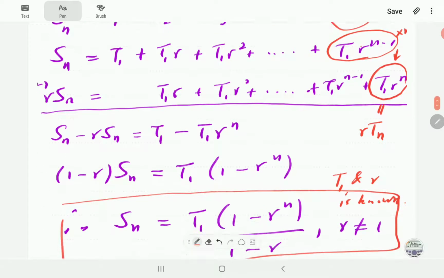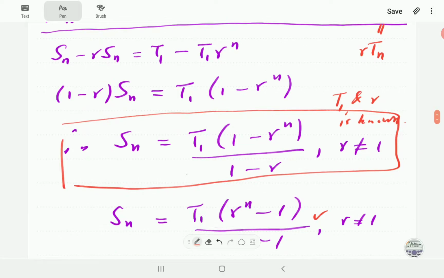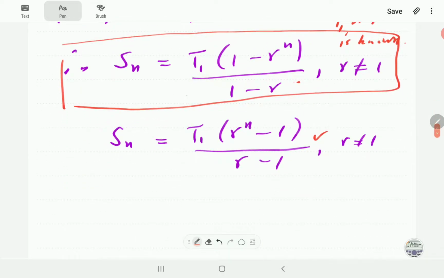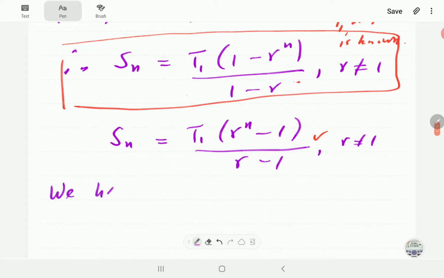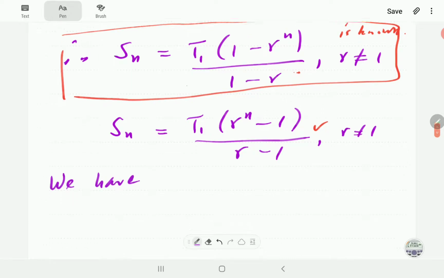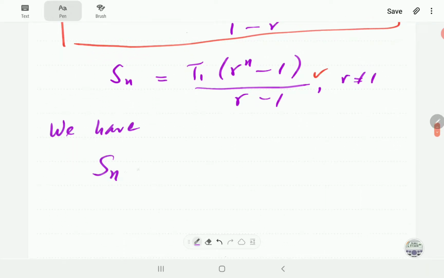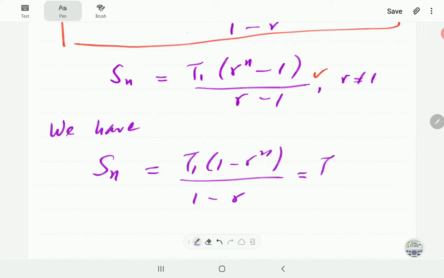Okay, so keeping that in mind, we want to remove brackets in the numerator here. So this formula, we're going to write it. So we've got T1 into 1 minus r to the power n over 1 minus r. So remove brackets in the numerator, we've got T1 minus T1 r to the power n.